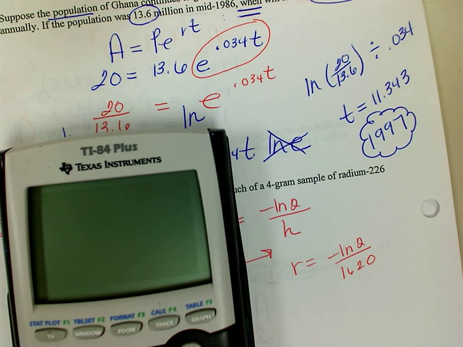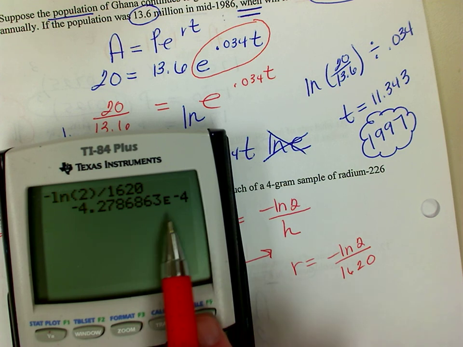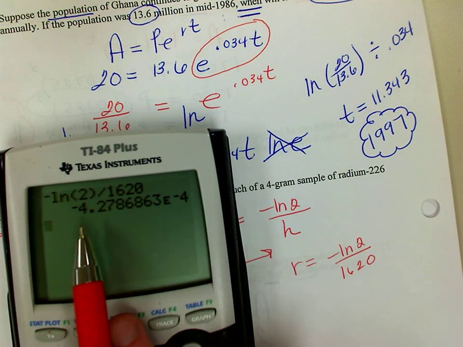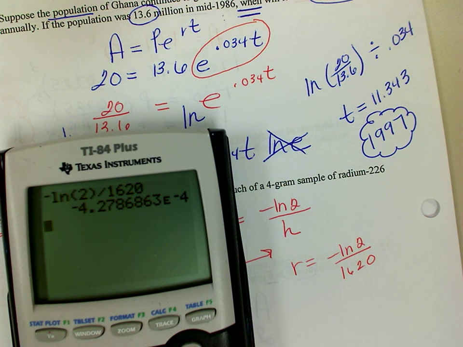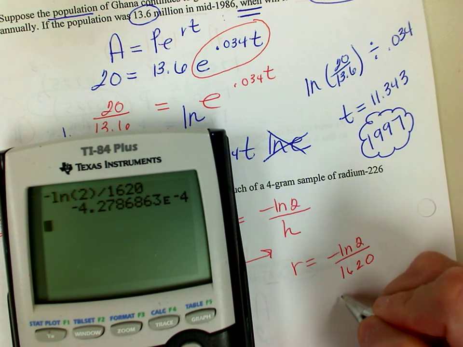So negative natural log 2 divided by 1620. Okay, I'm going to have to store that because this is a really weird number. That just means it's going to be really close to 0. So I'm going to store that for x.